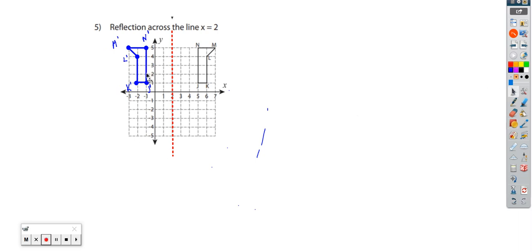Now I have figure LMNJK reflected across x equals 2.